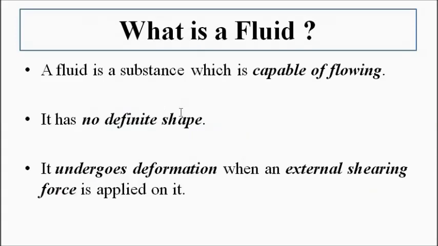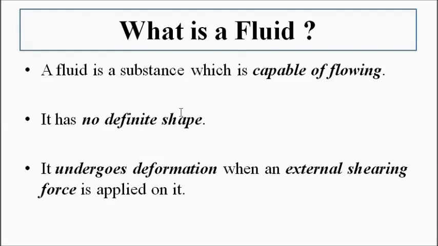A fluid is a substance which is capable of flowing. It is because of the very high interatomic or intermolecular distance as compared to solids, in which everything is tightly packed, there is no movement, they are immobile, they are not capable of flowing.